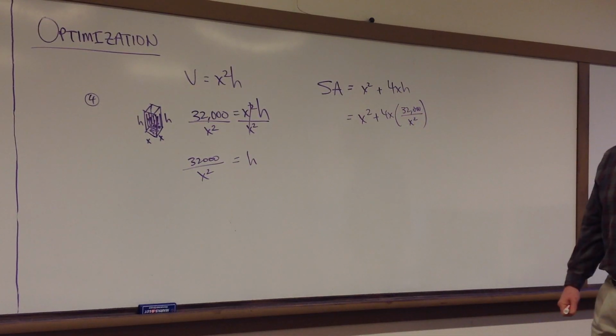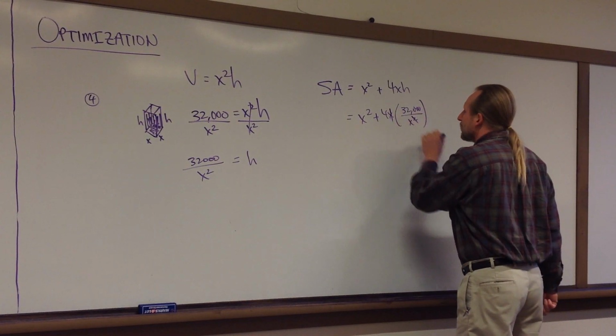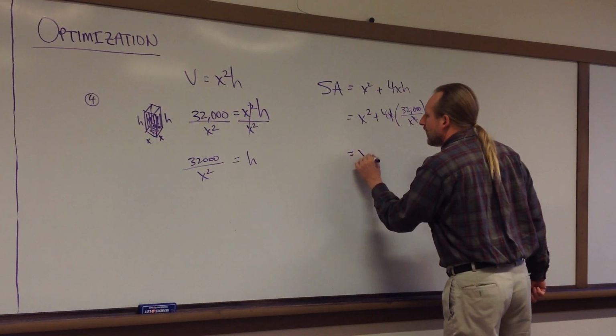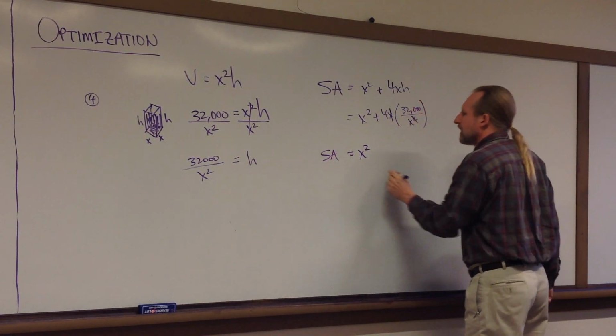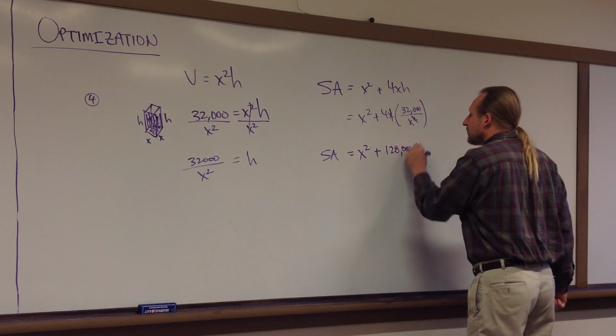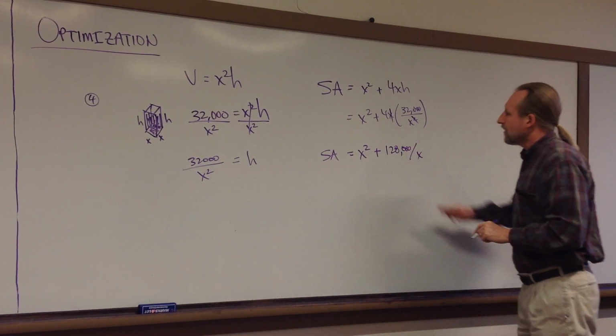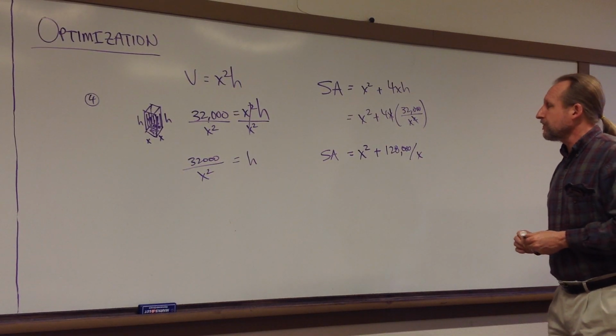And again, you can graph it like this if you want to. Let's see, I'm going to cancel this x with one of these x's, and then also multiply 4 times 32. That'll be 128,000 over x.